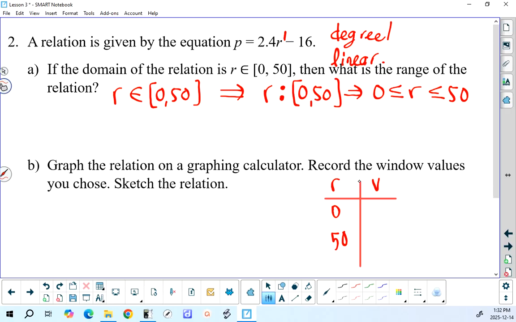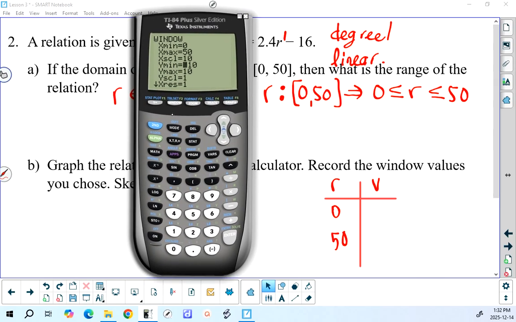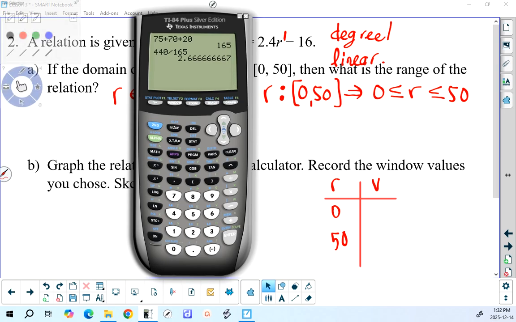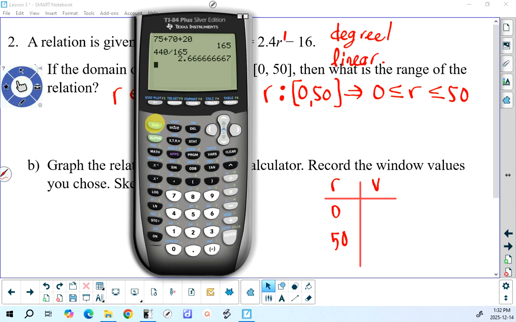In the next lesson we'll look at a more streamlined way of doing this, but I'm going to my calculator. I'm going to quit out of here, which is second mode, to bump myself to the main screen.